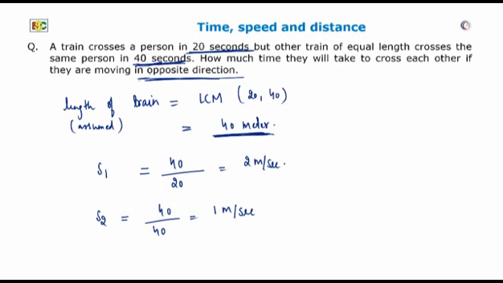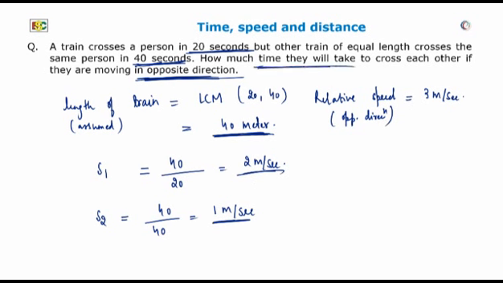Now both the trains are moving in opposite directions, so we will find the relative speed, and that will be equal to the sum of 2 and 1, that is 3 meter per second. Now we have to calculate the time they will take to cross each other.